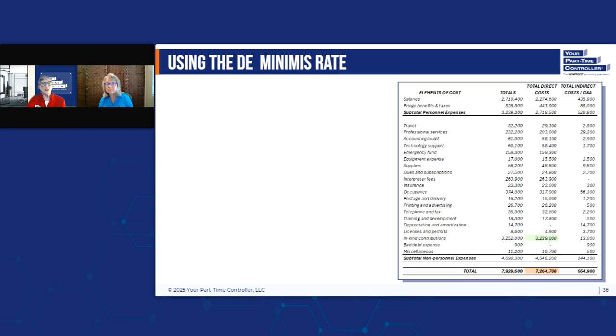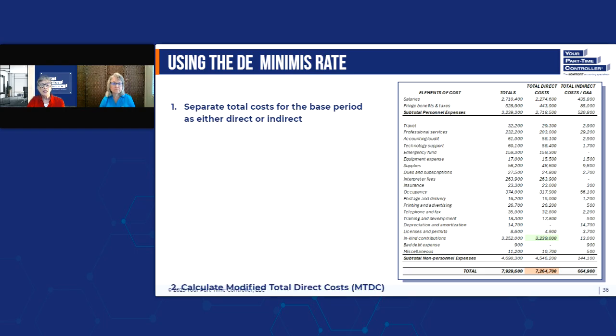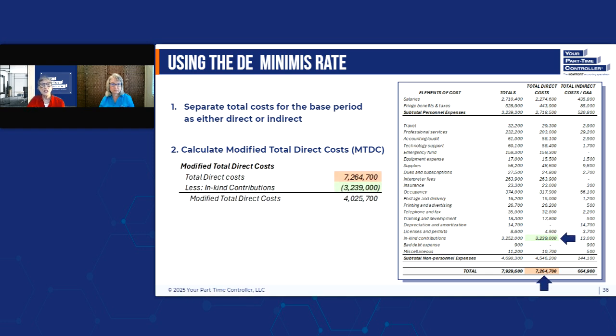We're going to start here to demonstrate how to use the de minimis rate. And once again, we're looking here at a compressed version of the statement of functional expenses. This separates total direct costs from indirect costs for the period in question. And now we need to calculate MTDC because that's the base required to be used with the de minimis. So we've taken the total direct cost, that 7.264 number, and adjusted it to remove in-kind contributions, which have to be removed from both direct and indirect costs.